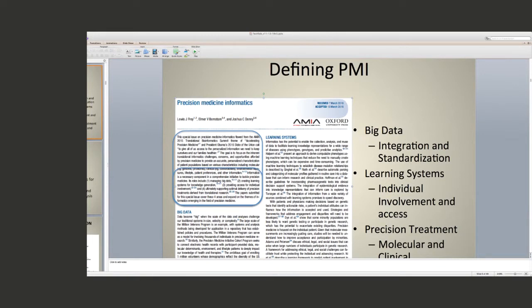This concept of access is a differentiator when you're dealing with precision medicine, because you're dealing with such large data sets, and how do people get to view their own data and interact with it? And then precision treatment, how to improve overall treatments of care.